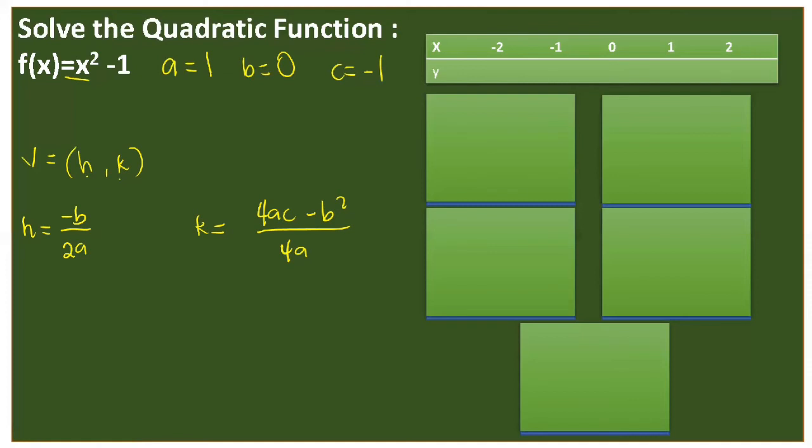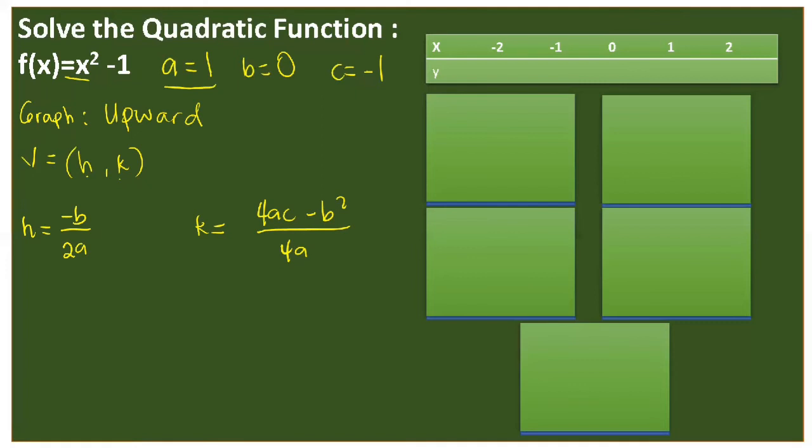By having these, we can easily identify the graph of our parabola. Based on the real number a, which is positive, it opens upward. When a is positive or greater than 0, it opens upward. When negative, it opens downward.